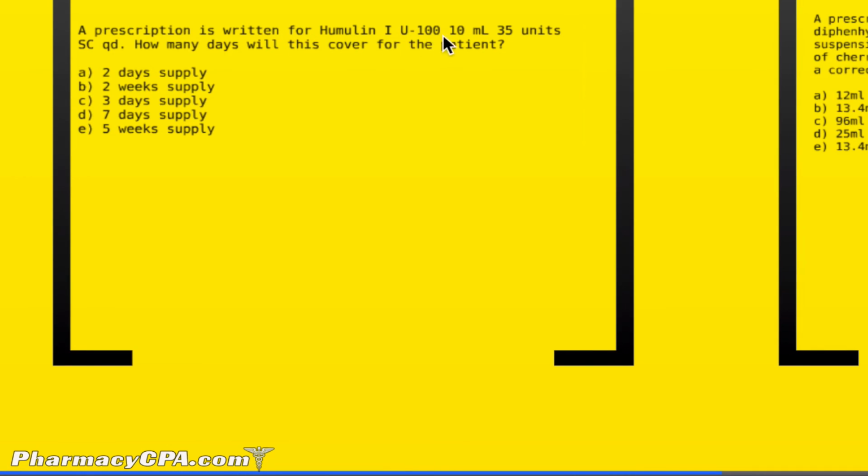Written for 10 mil. So 10 mil is probably the ampule size. 35 units QD. So you're essentially doing 35 times 4, which is 140.